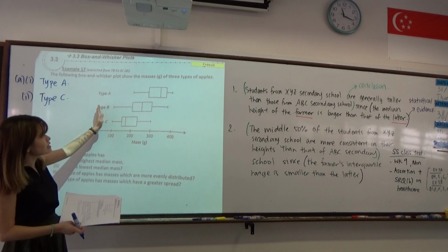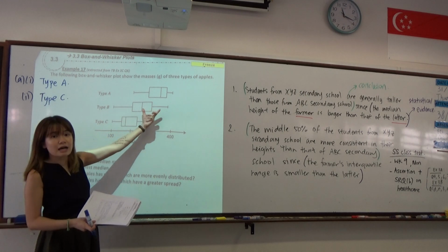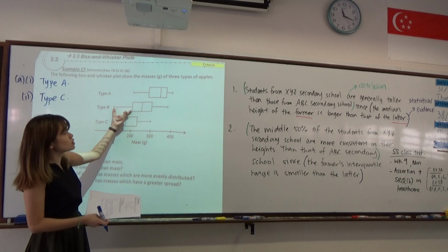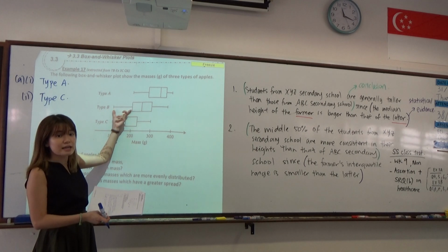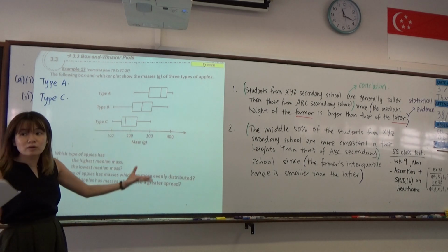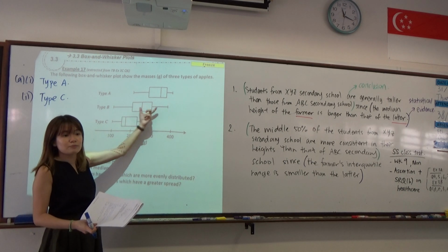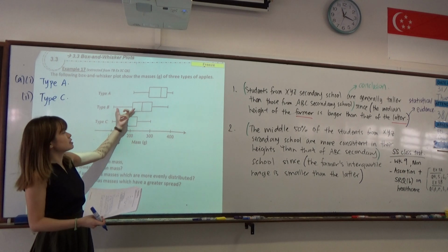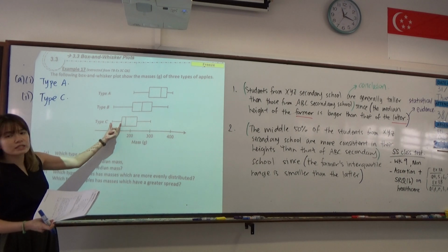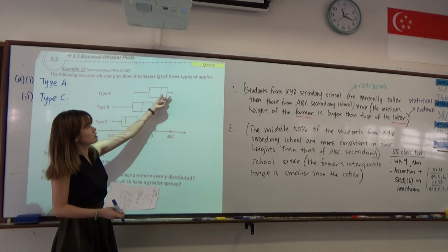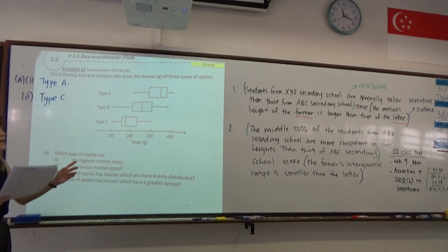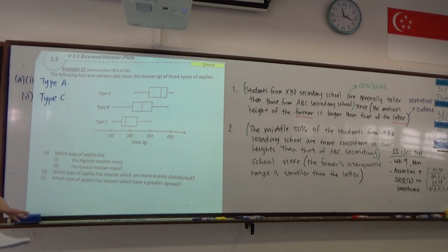But you can see also from the whisker itself, the whisker itself also describes another 25% of the whole data, right? So this one and this length is also rather evenly distributed, because they are more even. As compared to this one, this is shorter, this longer, shorter. So when there's uneven length, you will be able to tell that there's a bit of uneven distribution now.